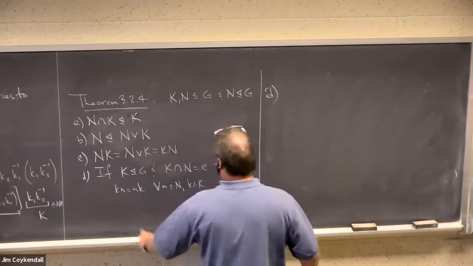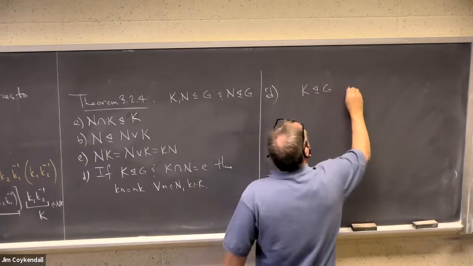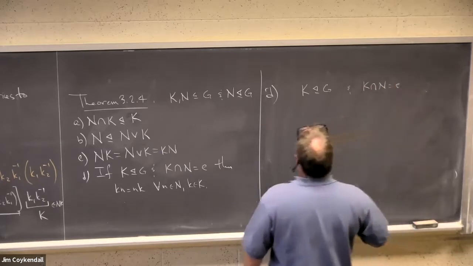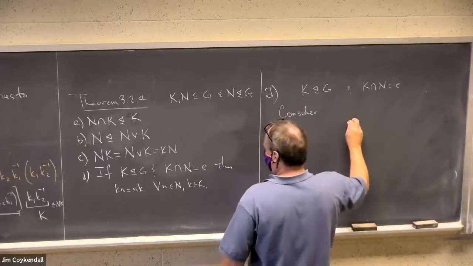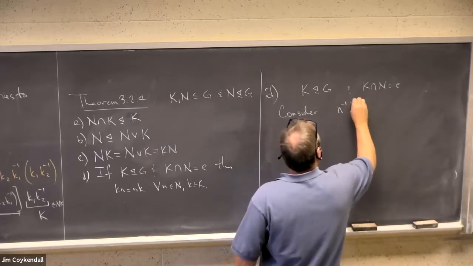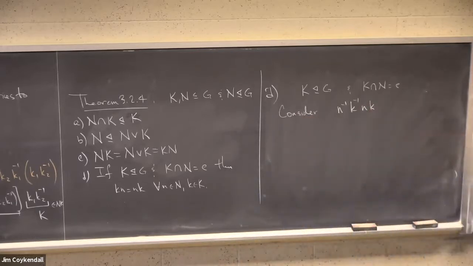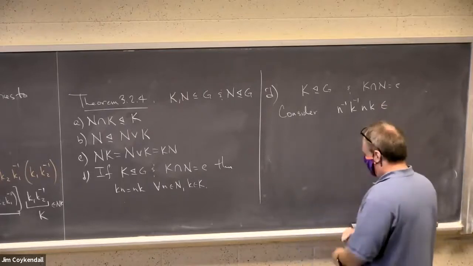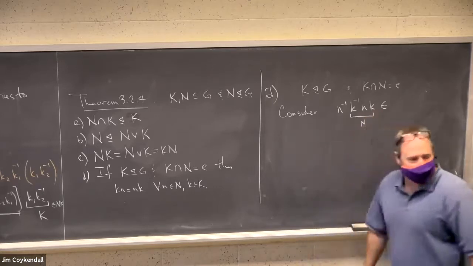Let's prove this. So you also have K is normal, and K intersect N is the identity. Consider, we talked about this last time, the commutator, n inverse k inverse nk. Notice that this is in N, right?